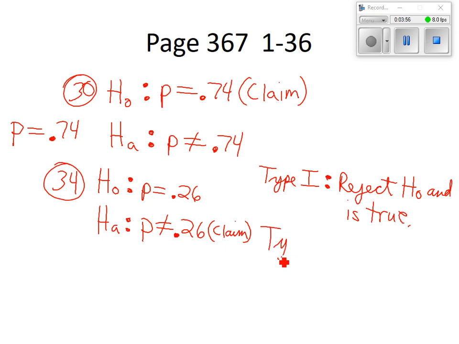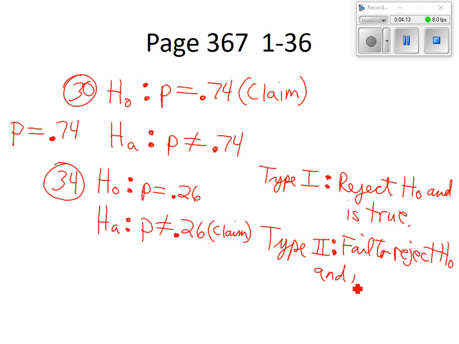What's a type 2 error? If we fail to reject when it's false. On every one of those problems, if you just wrote those same two things, I was fine with that.